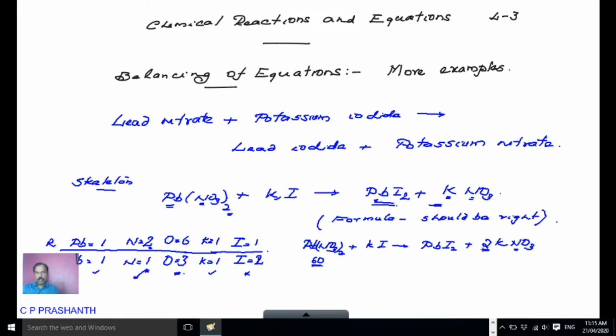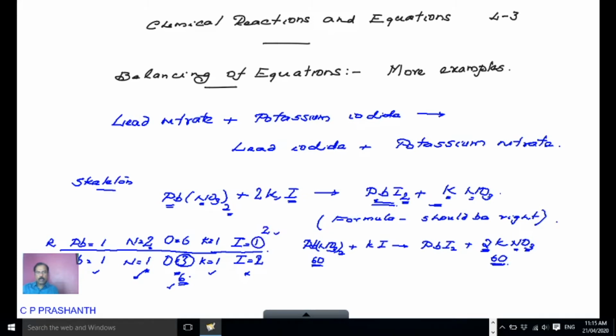So you can see number of potassium now has become 2 on the right hand side. And oxygen has become 6 on the right hand side. Similarly, on the left hand side also it has become 6. So 6 oxygen on both the sides. So oxygen is also balanced when we try to balance nitrogen.